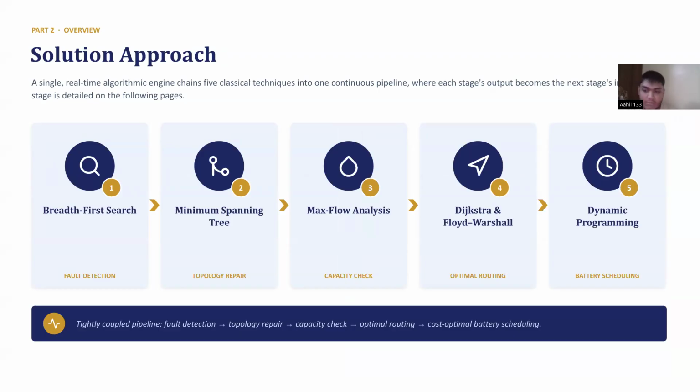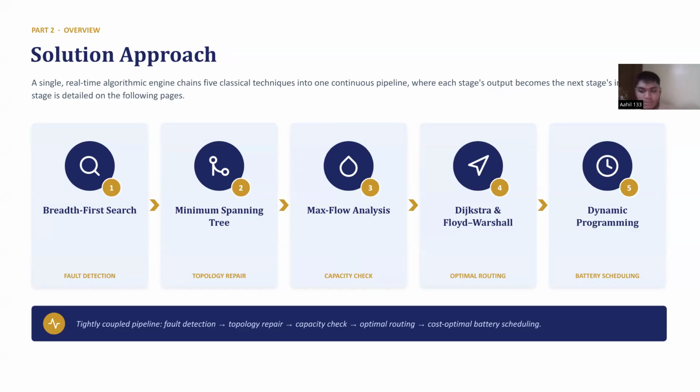So the approach is to build a single real-time algorithmic engine that chains five classical algorithms into one continuous pipeline. The key idea is that each stage's output feeds into the next stage's input, so that it can be a whole coordinated process and not five separate ones.